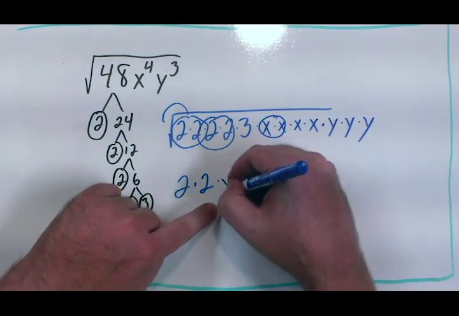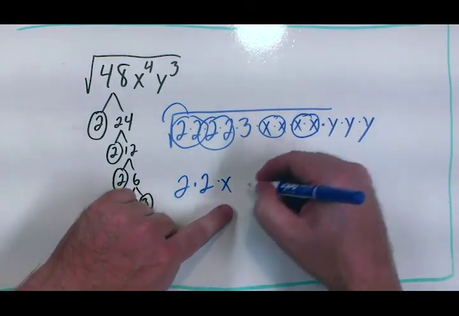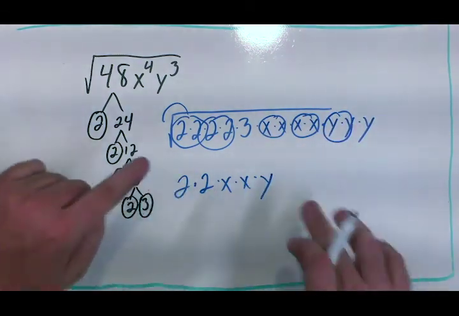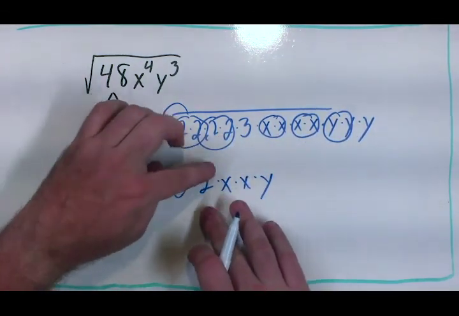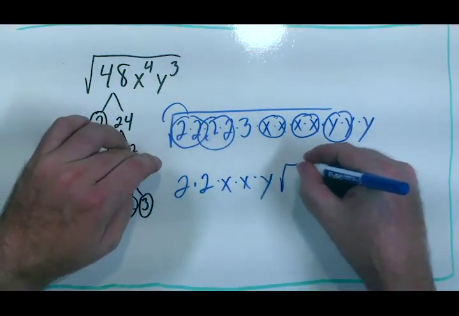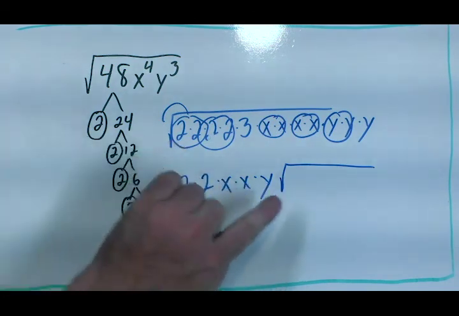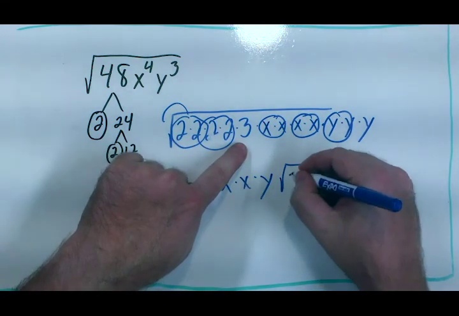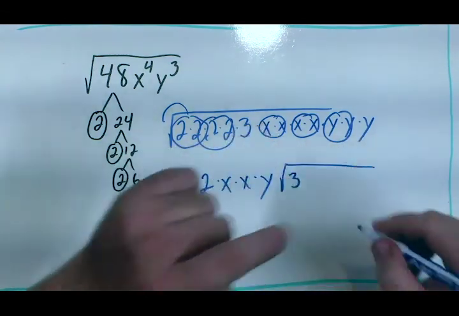I have a pair of x's, another pair of x's, and a pair of y's. For each pair, there's the 2, there's the 2, there's the x, there's the x, there's the y. Those all come out in front of the radical. What I have left is a 3 and a y.